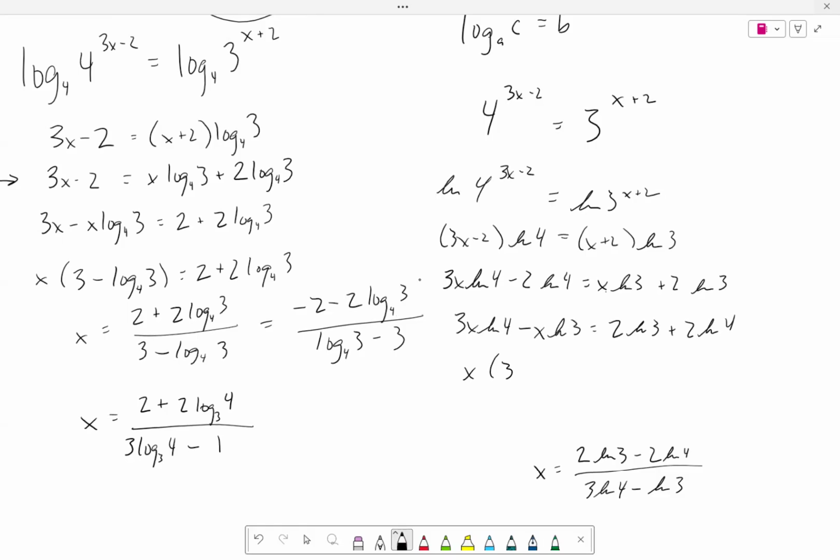Factor out the x: x times (3 ln of 4 minus ln of 3) equals 2 ln of 3 plus 2 ln of 4. And I think that leads nicely to this.